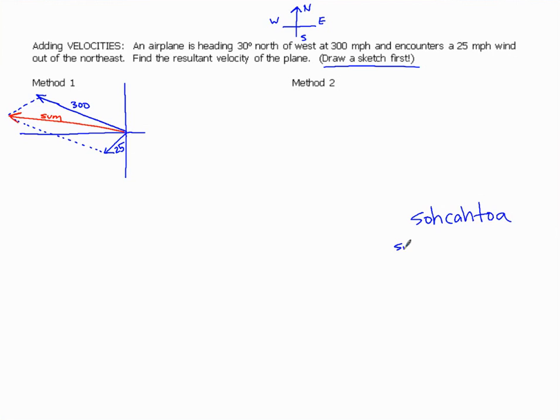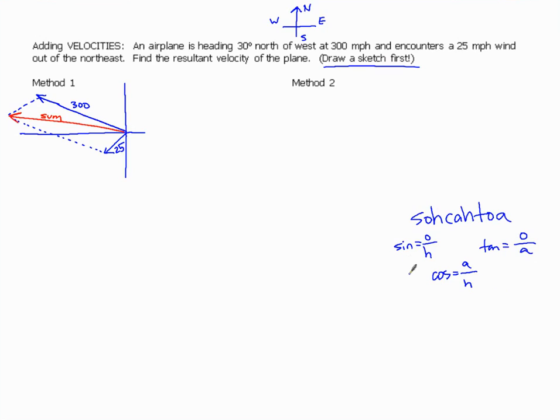Maybe we'll write that in here. Opposite over hypotenuse, cosine is adjacent over hypotenuse, and tangent is opposite over adjacent.